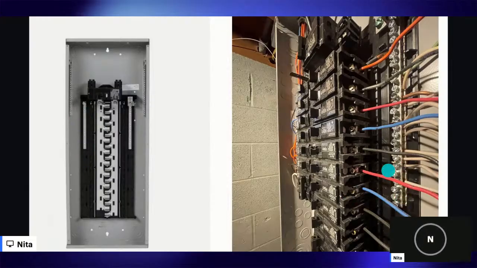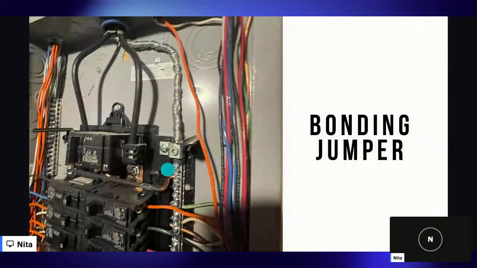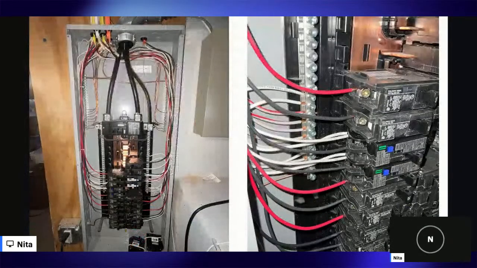This is up close. This is the neutral. On the other side is the grounding bus bar. This is a sub panel, right? No. How do we know it's not a sub panel? Because the neutral can't go into a sub panel.